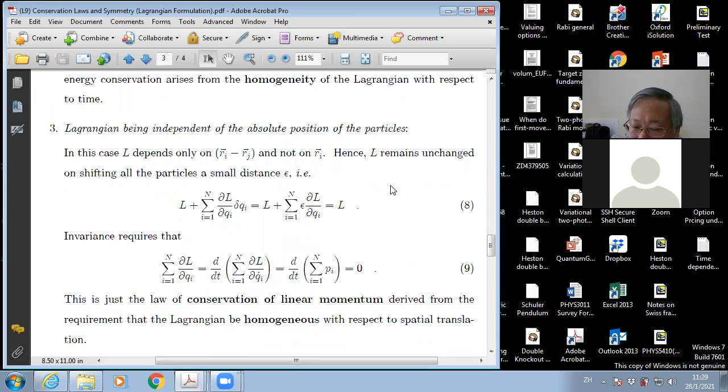Now, Euclidean invariance means that if we, let's see, the laws of physics will remain unchanged with respect to different inertial frames, right? Euclidean invariance.